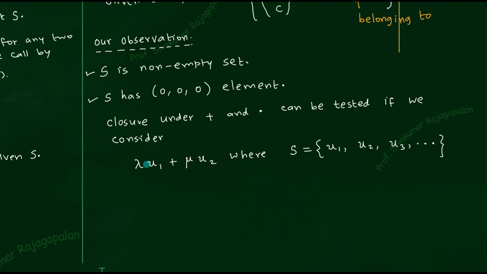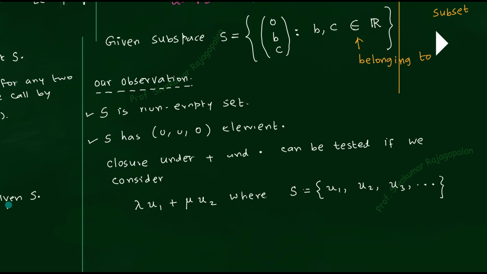Only one calculation. That will tell you the closure under multiplication. You can do the steps like that, so two steps. But here I would like to show you that in one step you will be able to verify both closure under addition and multiplication in one calculation. So these are the ideas, so that you know what you have to think and write, what is to be done. That is the point to be noted.